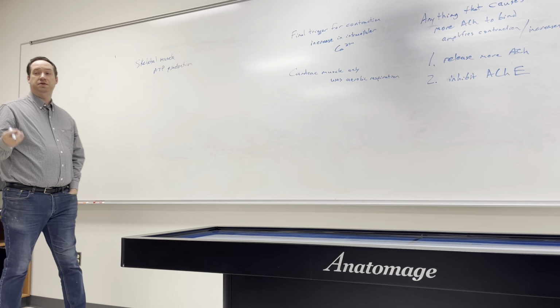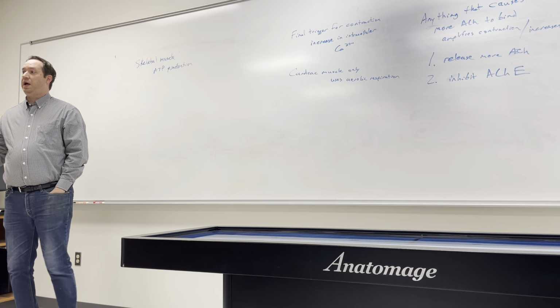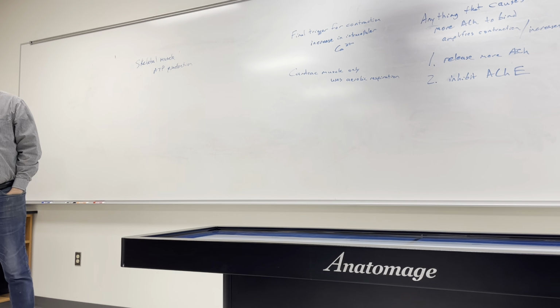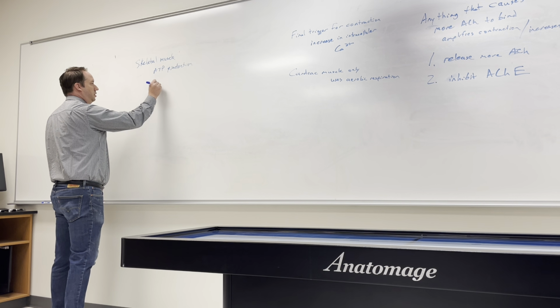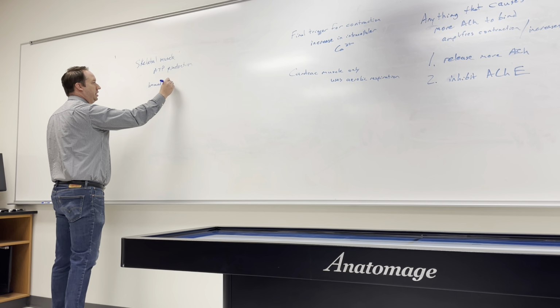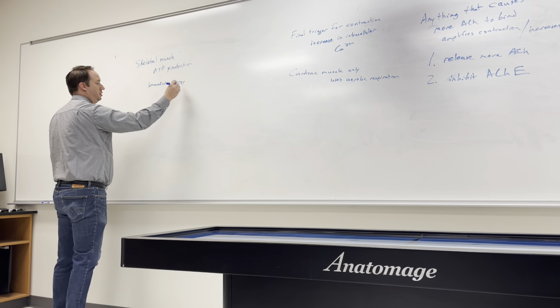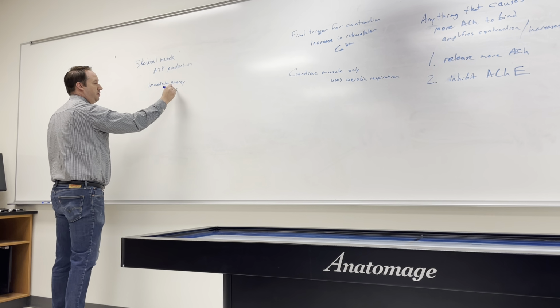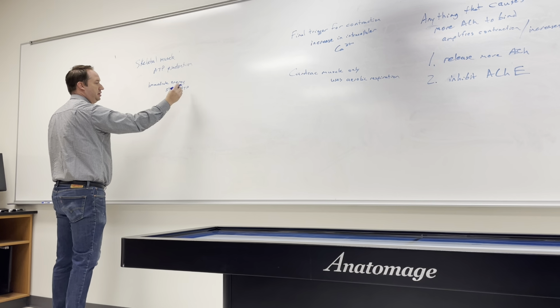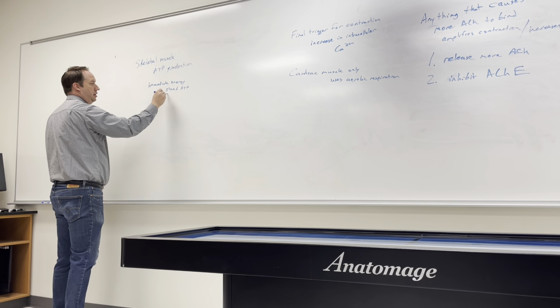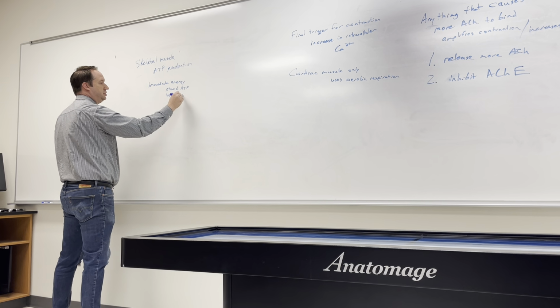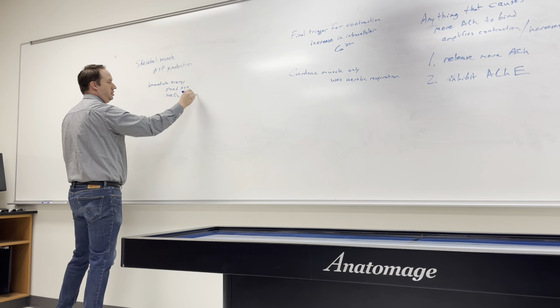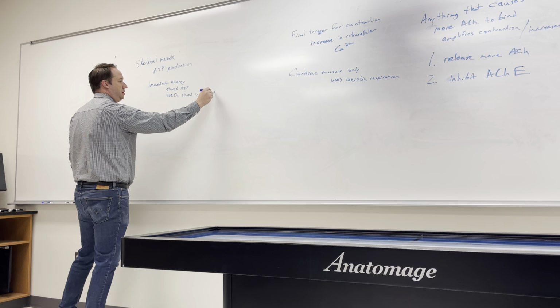All right, so skeletal muscle ATP production. We've got aerobic and anaerobic methods of making ATP. Immediate energy will either be from stored ATP, and we can use the oxygen stored in myoglobin.